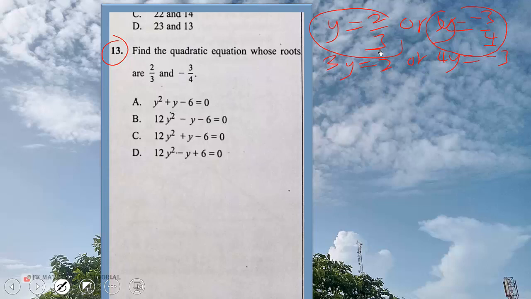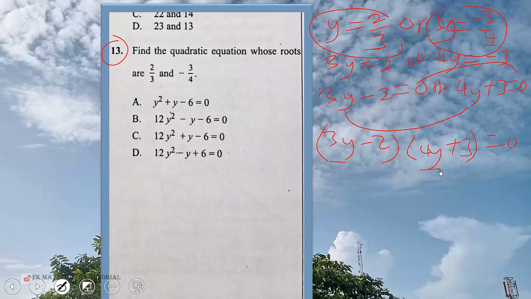Now we go further backwards to get 3y minus 2 equals 0, or 4y plus 3 is equal to 0. Now we times this by this. We get 3y minus 2 into 4y plus 3 is equal to 0 times 0, which is 0.